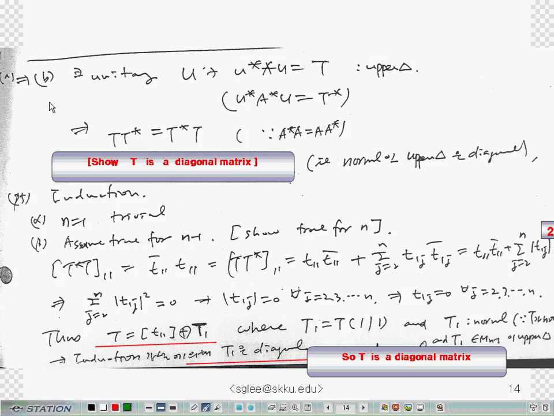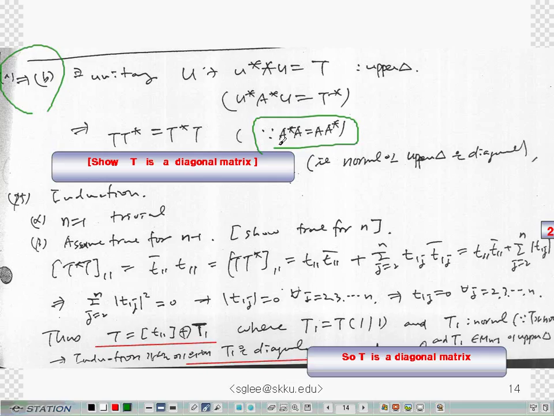First, A implies B. Then show B implies A. Here, A is normal. We start with normal. We know A A star is equal to A star A. We want to show it is unitarily diagonalizable.